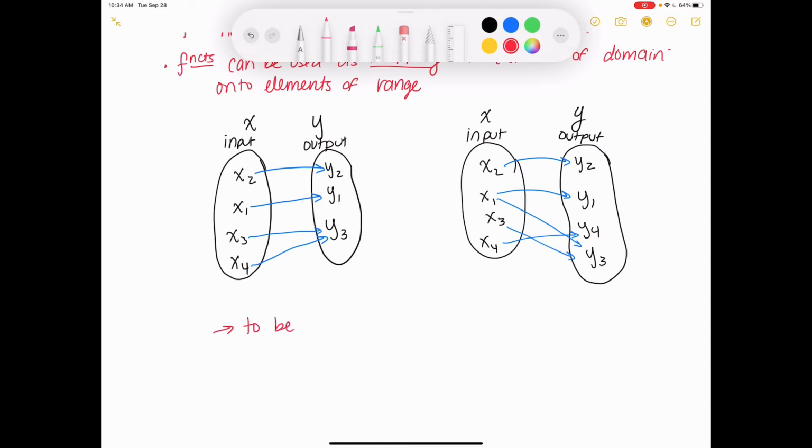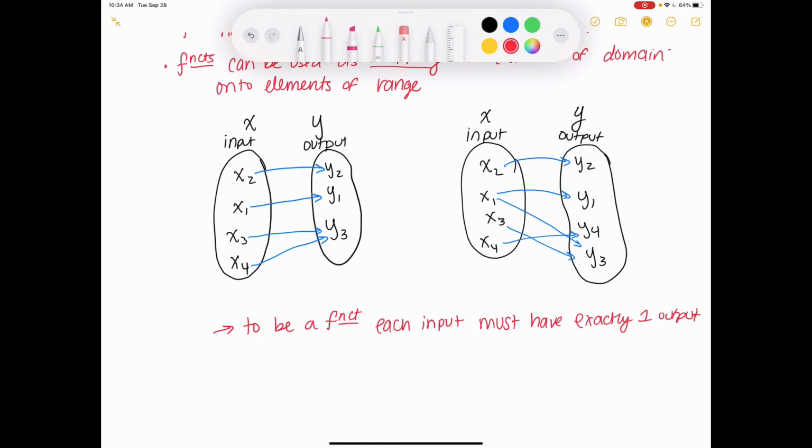To be a function, each input must have exactly one output. Okay, so looking at the two above, one of them is a function and one is not. So take a second and look over that.